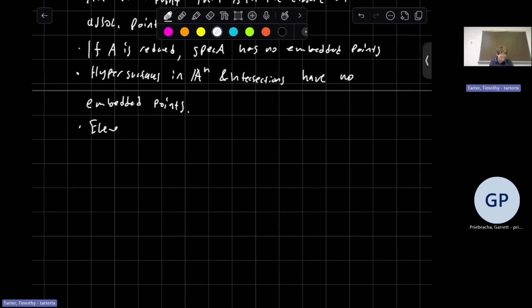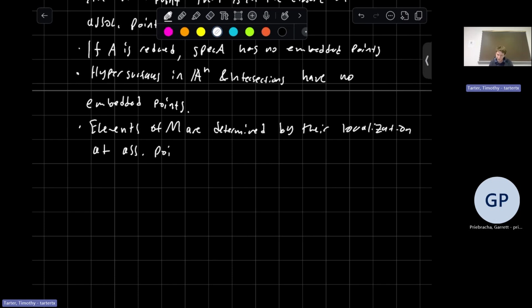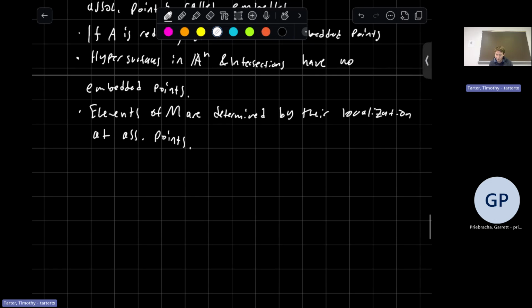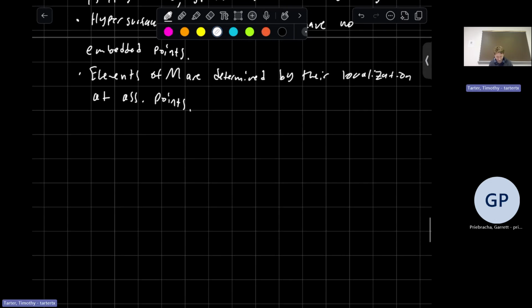Okay, elements of M are determined by their localization at associated points. Oh my God, there's so many.